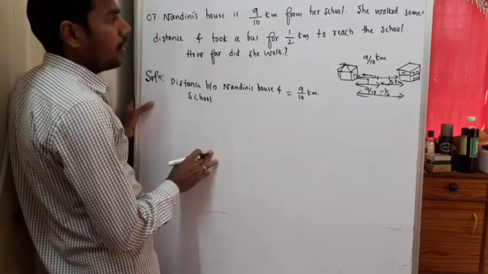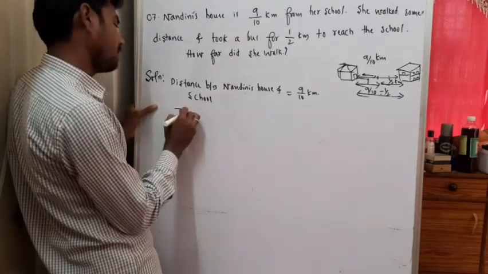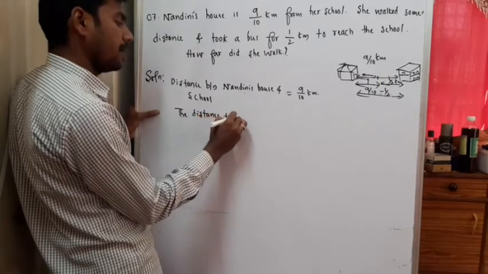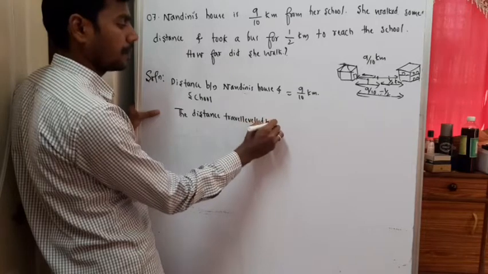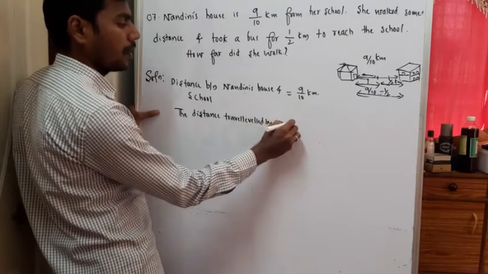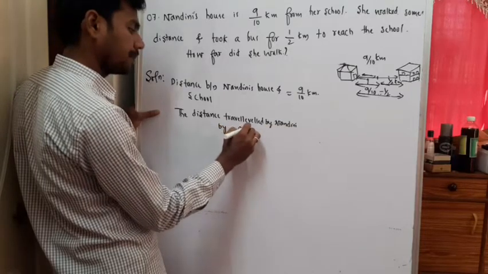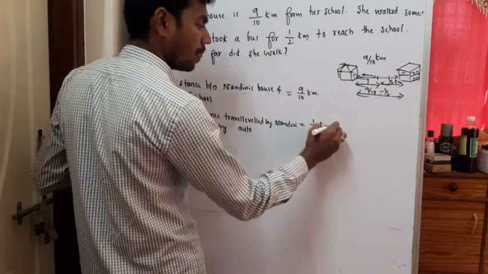The distance traveled by Nandini by auto is equal to 1 by 2 kilometer.